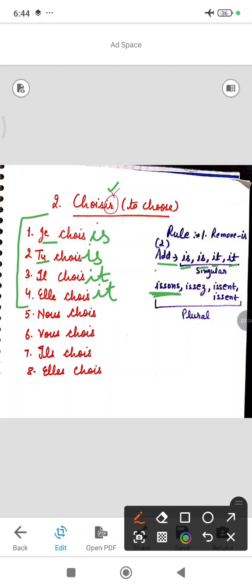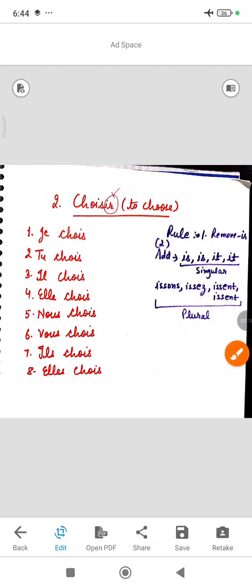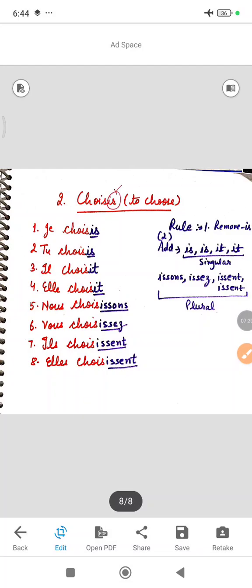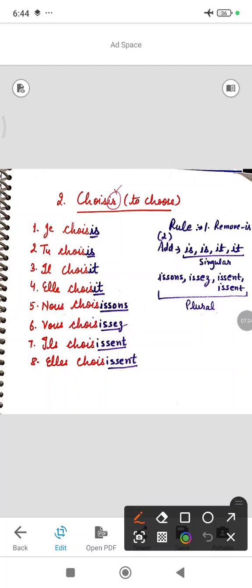You have to remember this one. Okay, you can write somewhere how we are doing the conjugation. So here you have to write ISSONS. Let me show you. It's not clear. Okay, see now how I have written this one. Okay, IS, then IT, ISSONS, ISSEZ, ISSENT and the same goes for the other.